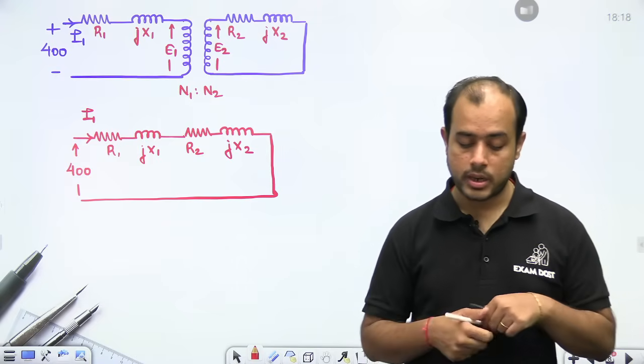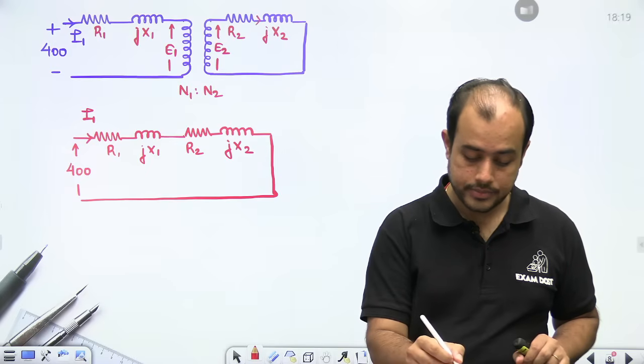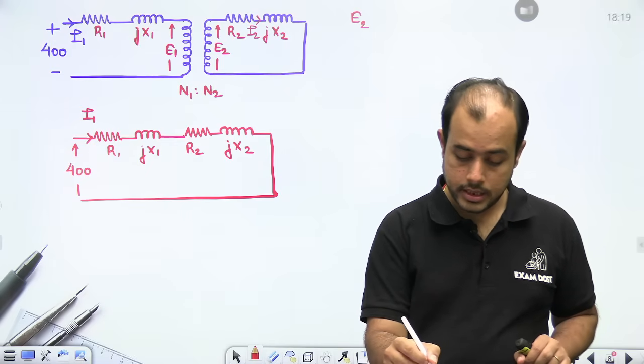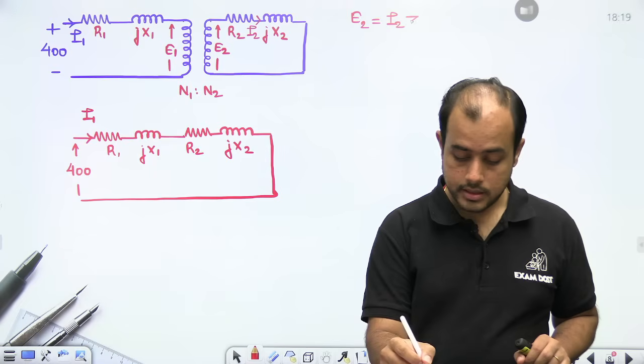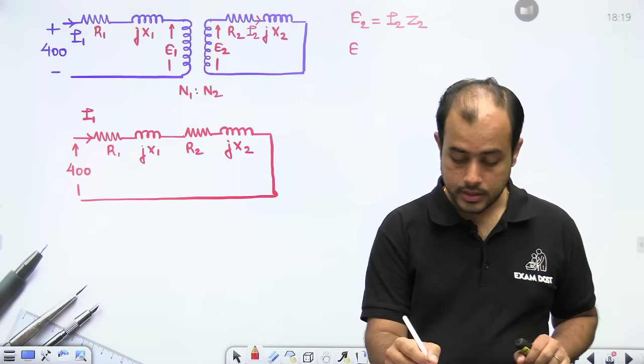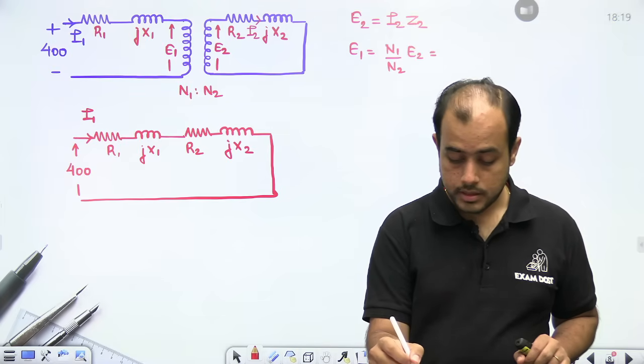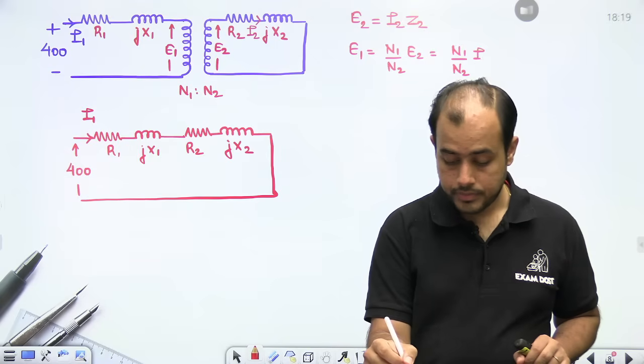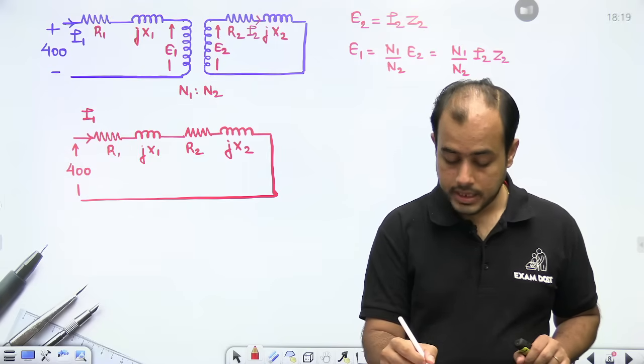Achint bhai, if you wanted to solve using this, you will say E2 is I2 Z2. Now E1 will be N1 by N2 E2, N1 by N2 I2 Z2, but I need I1.